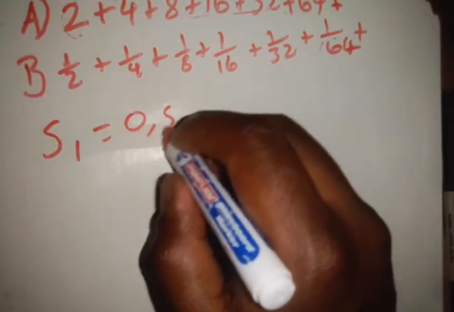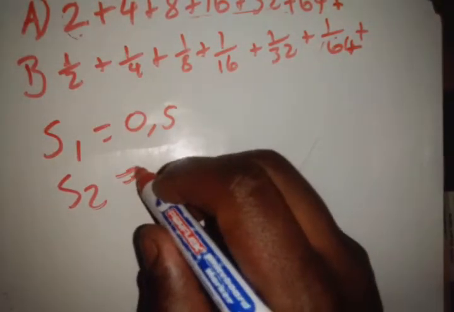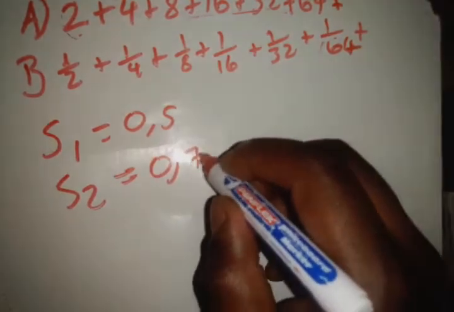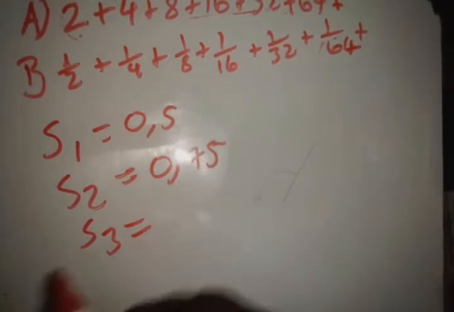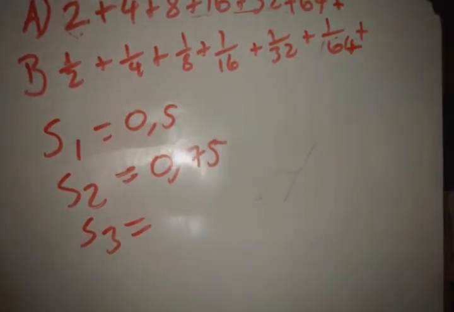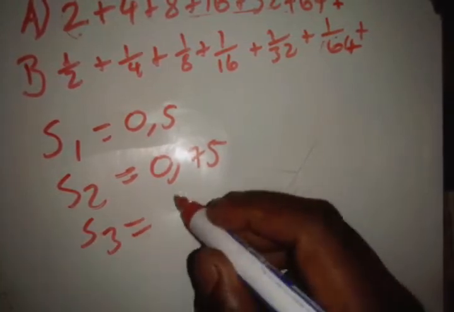Half is 0.5. The sum of two terms is half plus that part, so this is going to be 0.75. That's the sum of two terms. The sum of three terms, let me just check that in the calculator. So that's going to give you 0.875.